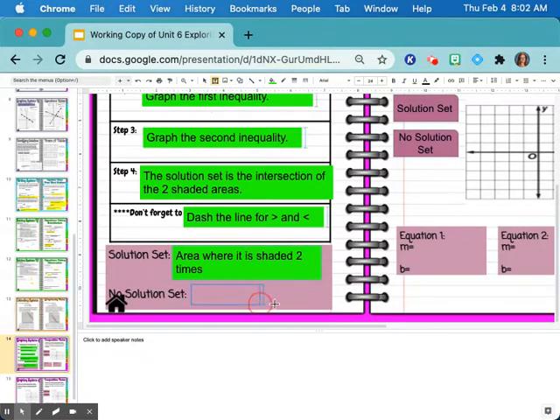And then a no solution set is when there is not an intersection of the shaded areas. Sometimes they're shaded in opposite directions and their shading never intersects.